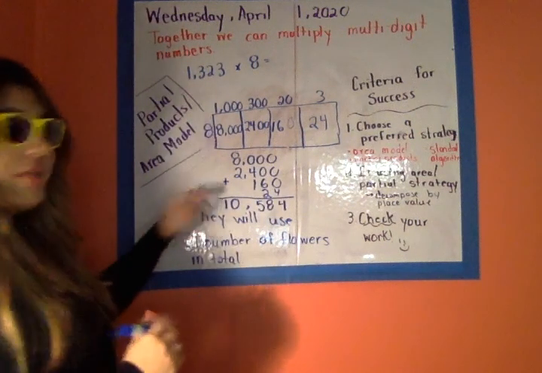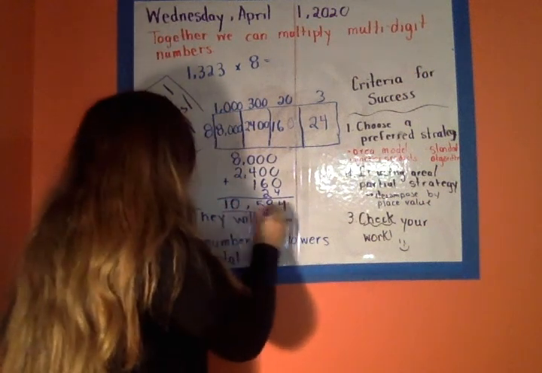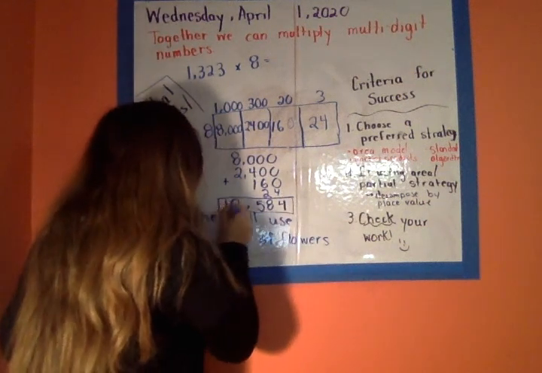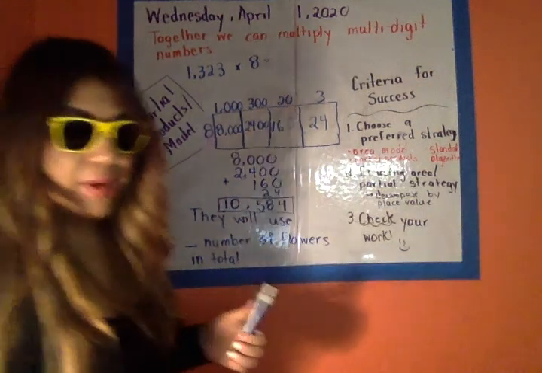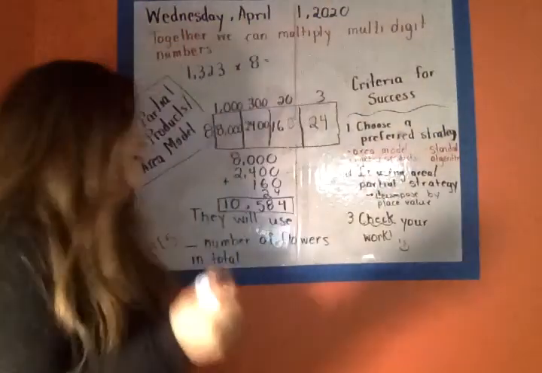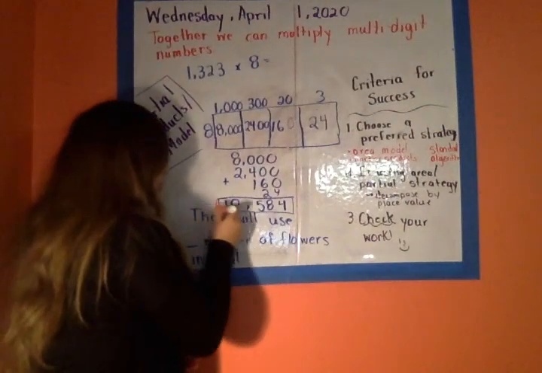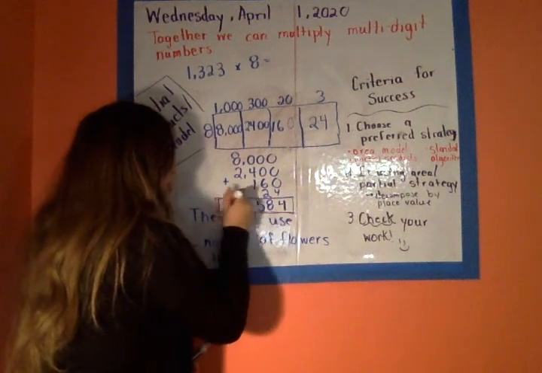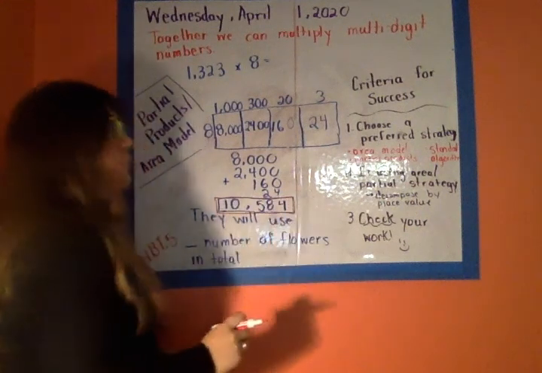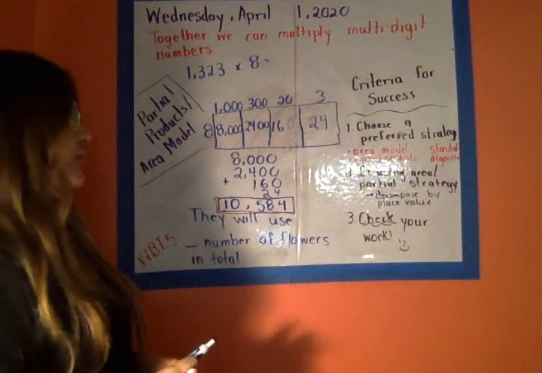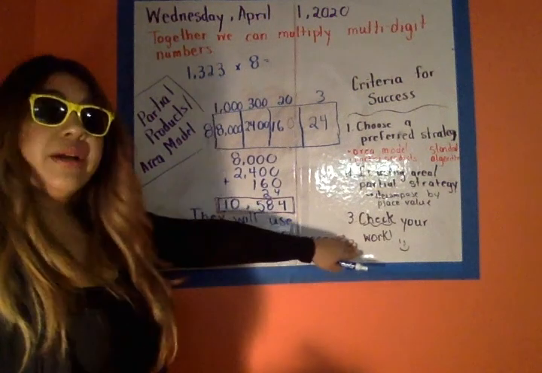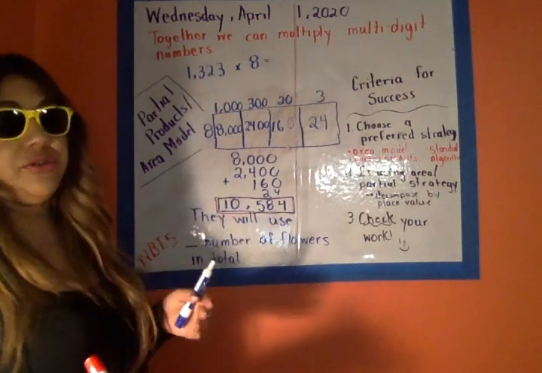And so, I have an answer. Of course, I would say, well, you're not sure of this answer, Miss Alborda, until you what? Refer to your criteria for success. You're not 100% sure unless you use another strategy. So I checked my work, so now I have to check my work using another strategy.